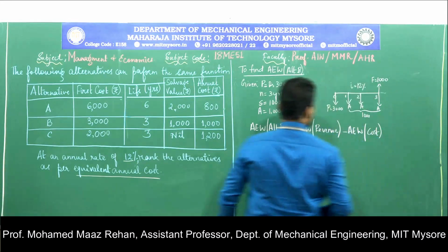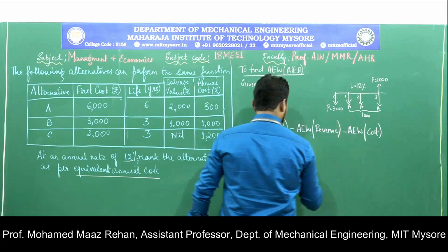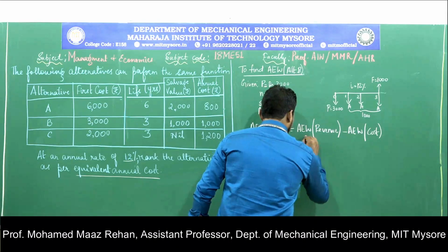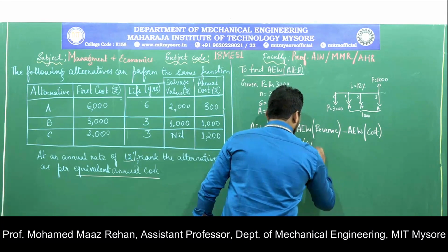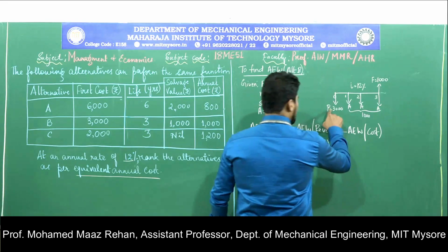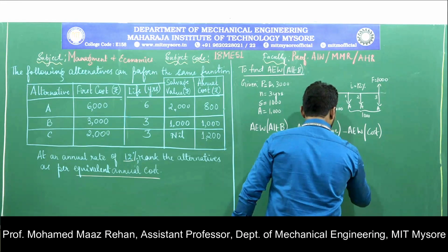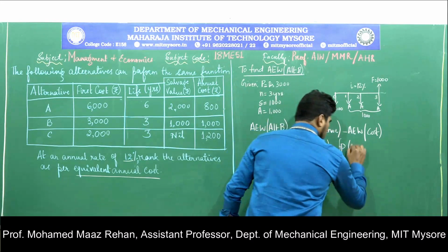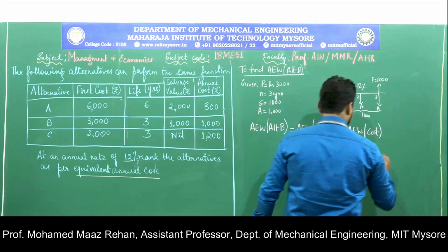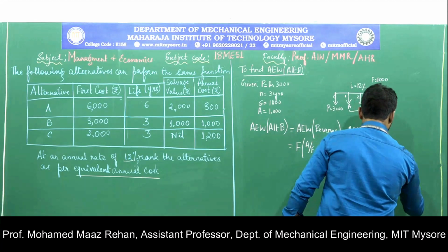In the problem you have only one revenue, that is future amount, you need to convert to A. You know F. To find A when F is known, I comma N, minus P you need to convert to A. You know P. To find A when P is known, I comma N, plus A is already converted.